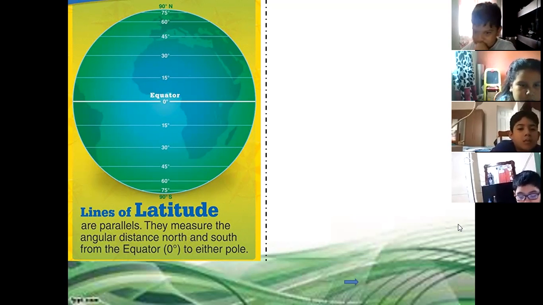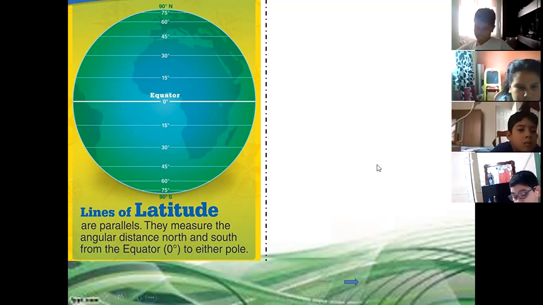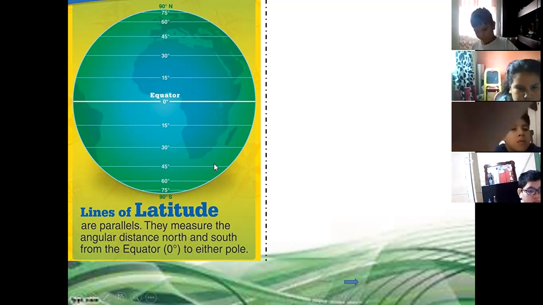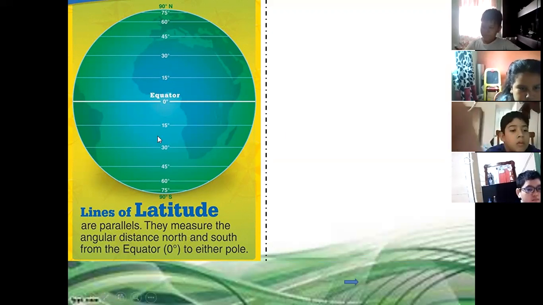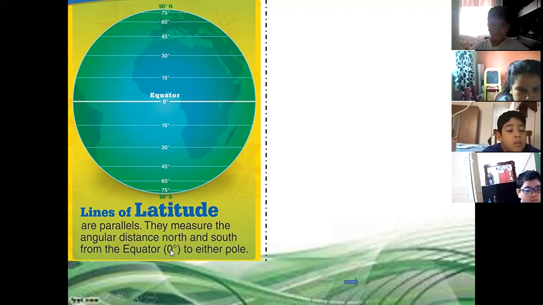Draw a circle and the lines. The line that is in the middle divides the earth into the northern hemisphere, which is up here, and the southern hemisphere. It is the equator. Alan, you have to draw this and copy the information.